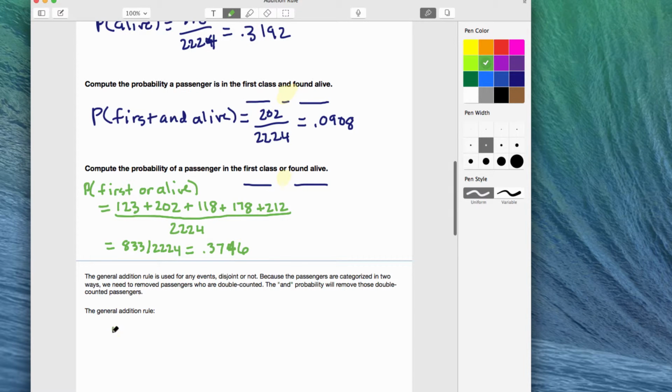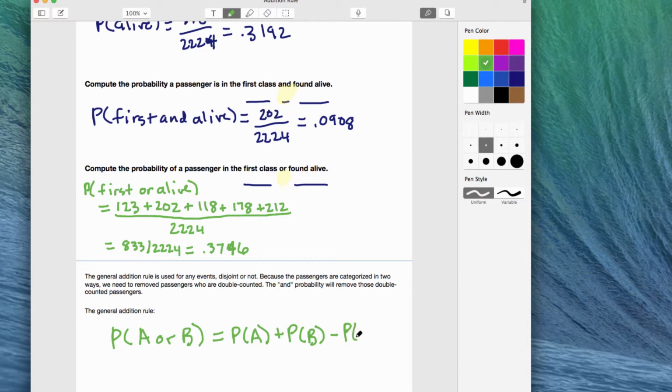The general addition rule looks like the probability of A or B, so the class that the person was in or whether they lived or died.